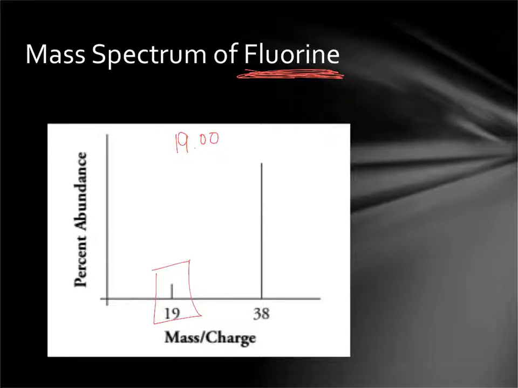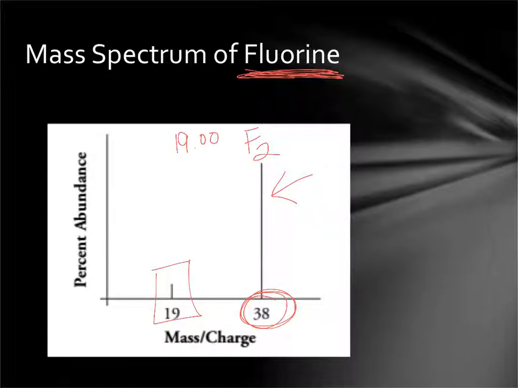Now, what's so odd is there's a second peak that is double the mass. If you remember a little bit about the diatomic elements, fluorine is diatomic, so it appears as F2.